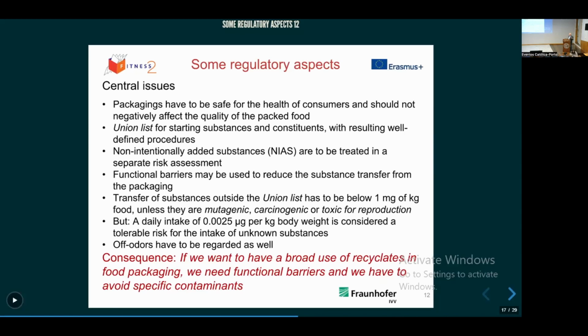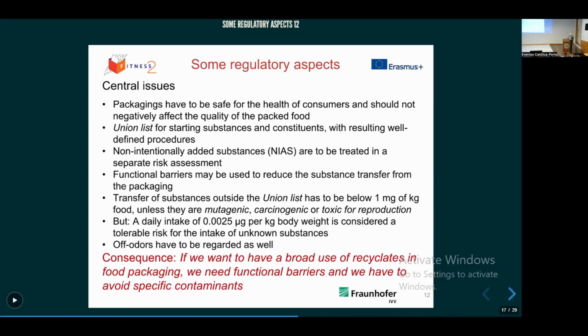So if you have thousands or even tens of thousands of substances that may be in a recyclate, how do you know whether they are CMR or not? Difficult to analyze. There are some techniques, I will not talk about them for time reasons at the moment, but you need some options to get very low levels of substance transfer to the food.